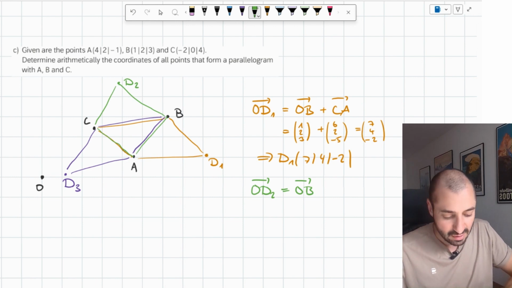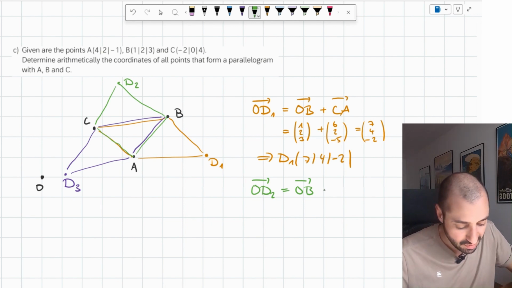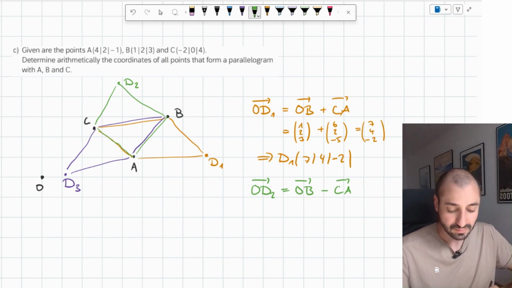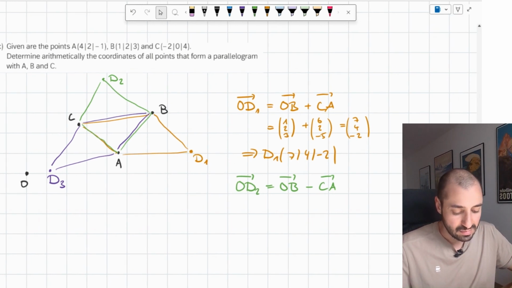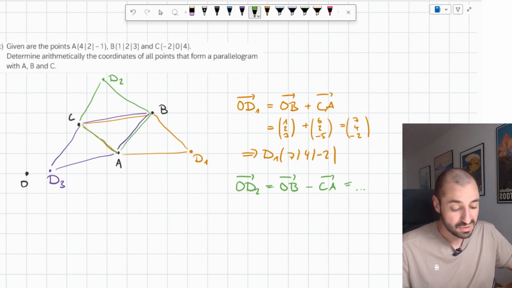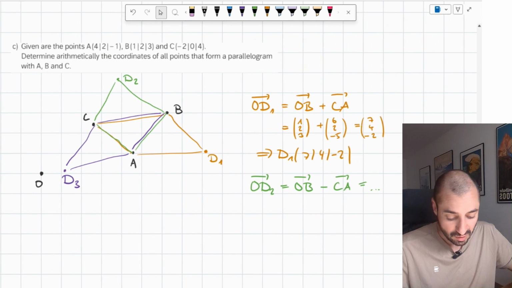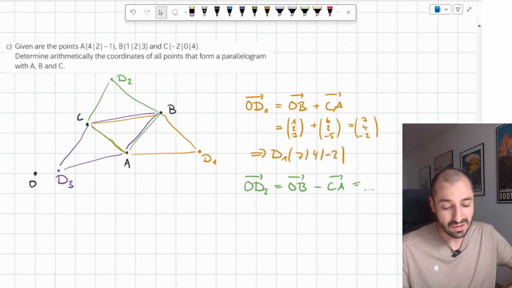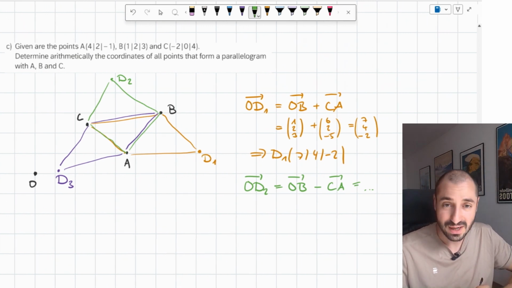So we could still use this vector CA, but now we subtract it, so minus CA. And then you would get the position vector OD2. And you can do this for the third one, D3, just the same way.